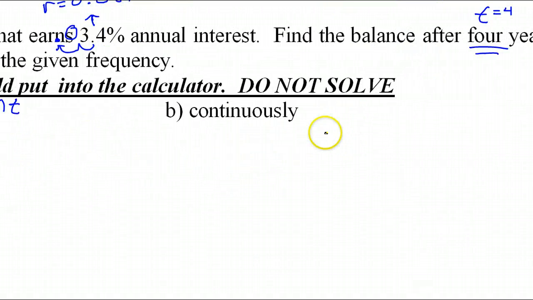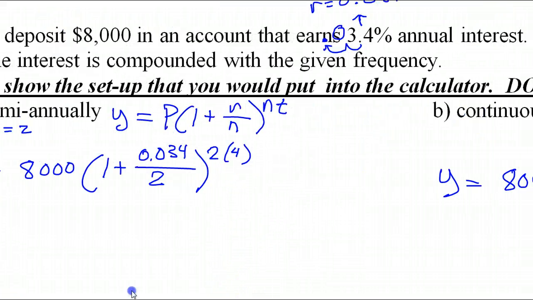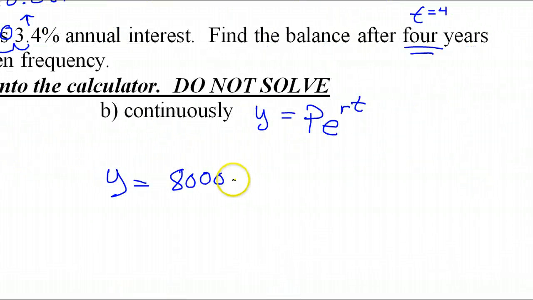Now for continuously, that's y equals Pe^(rt). Okay, e to the rt power. So that means y is equal to, what was it, 8,000? I do believe. Let me check. Bam! 8,000. E is a constant like pi. It's approximately 2.72.